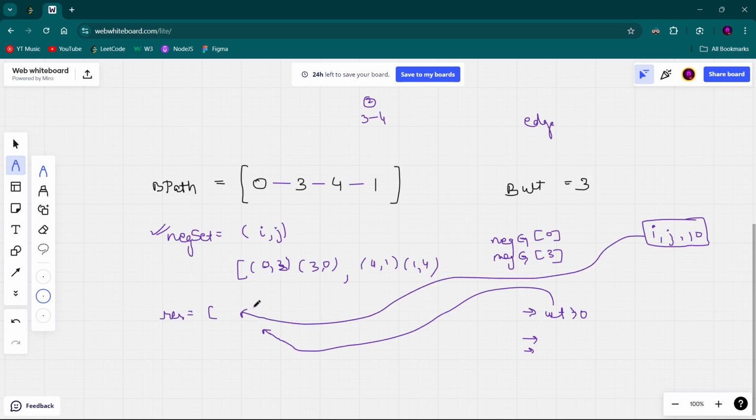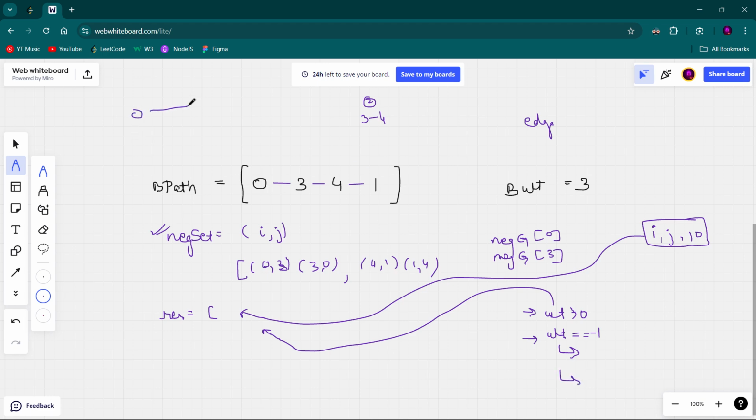Okay. Now second thing, what if my weight in the starting was -1? Okay. So in this, I have 2 conditions. Either the edge would be used in the best path, or it would not be.